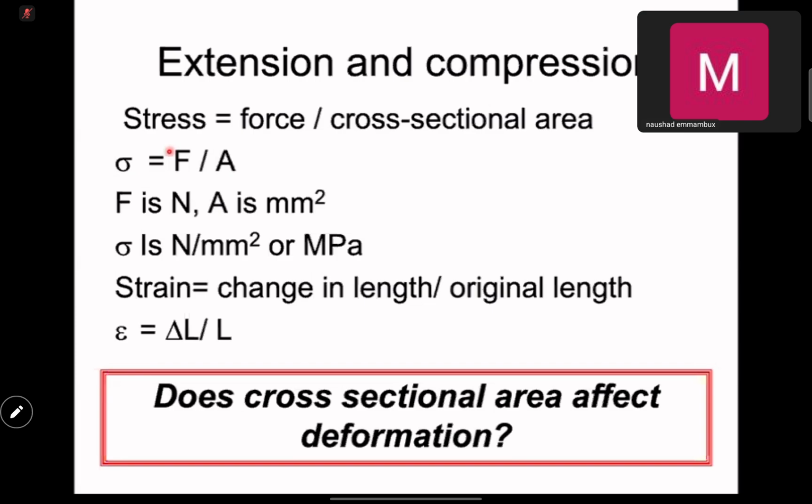But if you normalize it in terms of stress, dividing by the cross-sectional area, you will have similar stress. So the bigger the cross-sectional area, the more force you require for one specific material, but for stress, it should be the same because you normalize it.